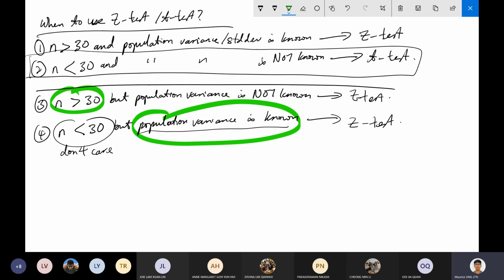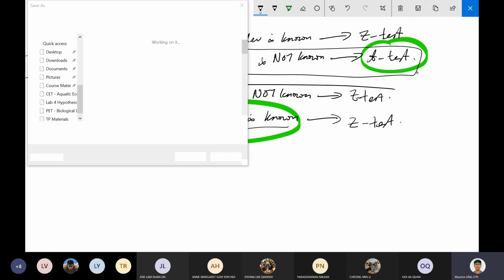How many replicates do you do? Duplicates, triplicates? That's only n equals 3. You're not going to have n equals 30. That is why we use t-test in real life most of the time. Okay, so that settles.